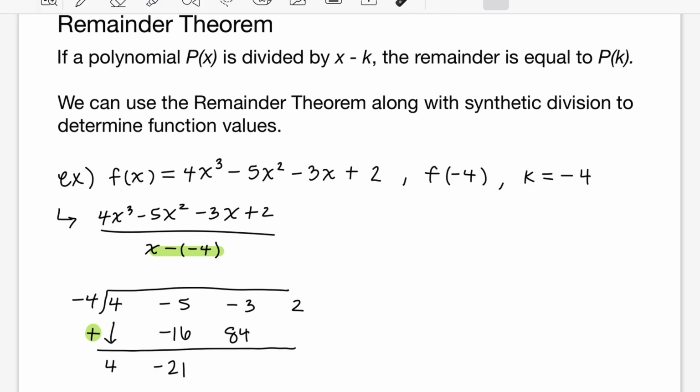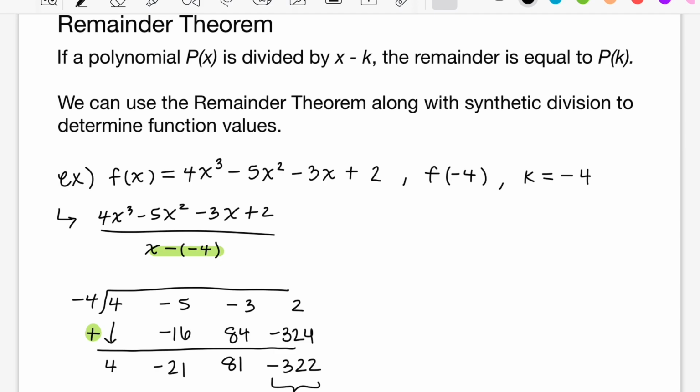And then we'll do negative 3 plus 84. So we'll get 81. Then we'll do 81 times this negative 4, so we'll get negative 324 here. And so we'll have 2 plus negative 324, so this gives us negative 322.